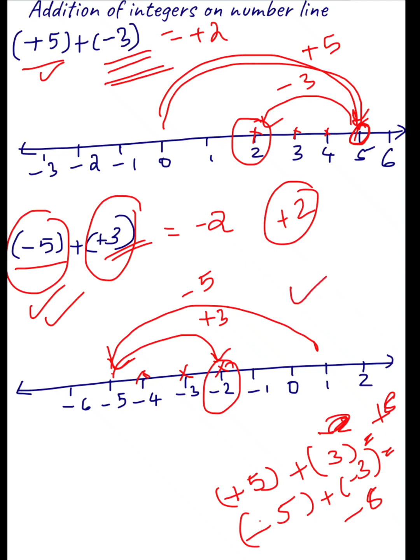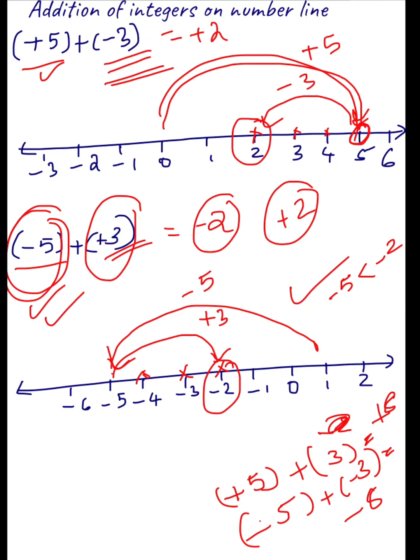In this case, we have added a positive integer plus 3 to minus 5. Then the resultant integer that you got is minus 2, which is greater than the given number minus 5. Here minus 2 is greater than minus 5.